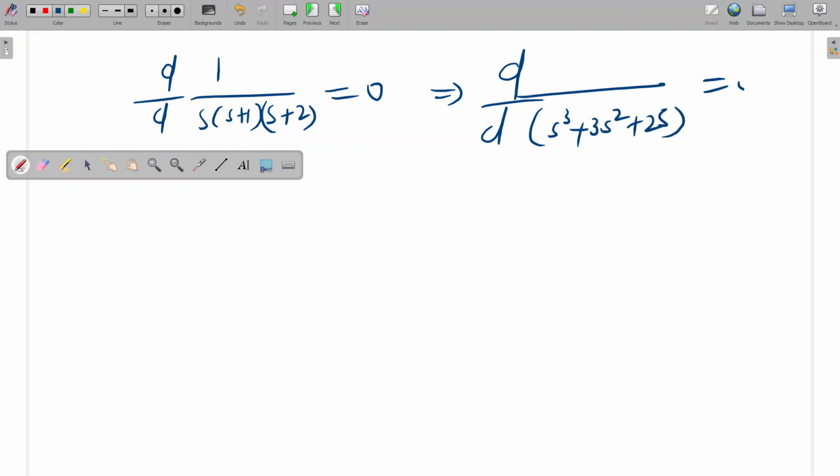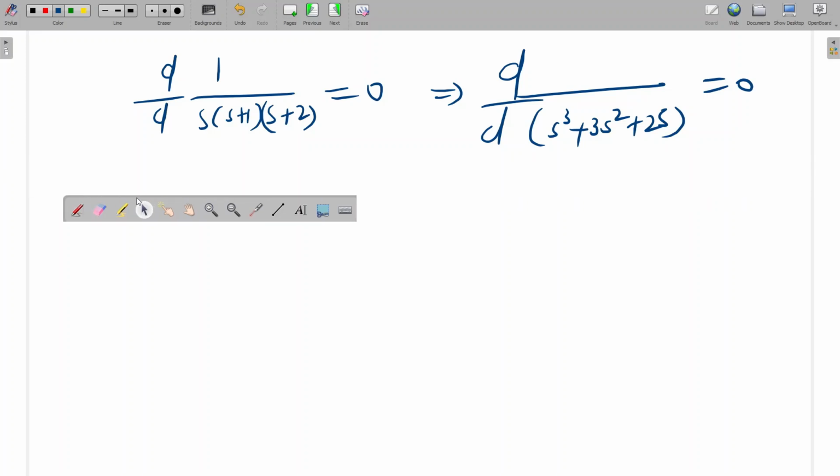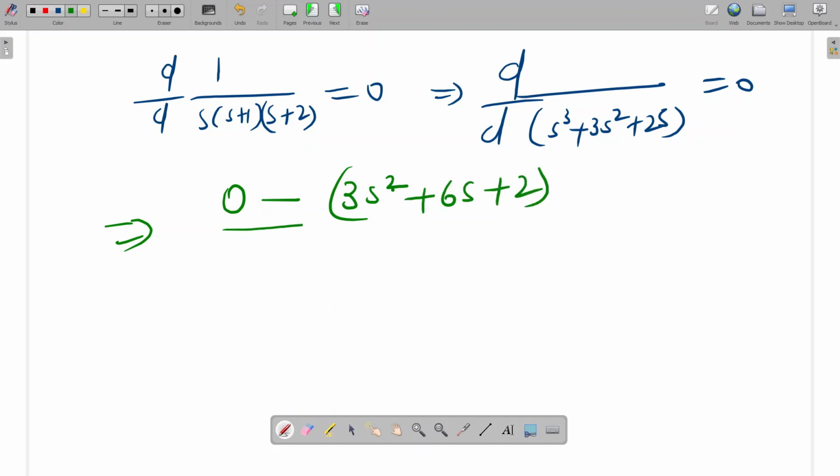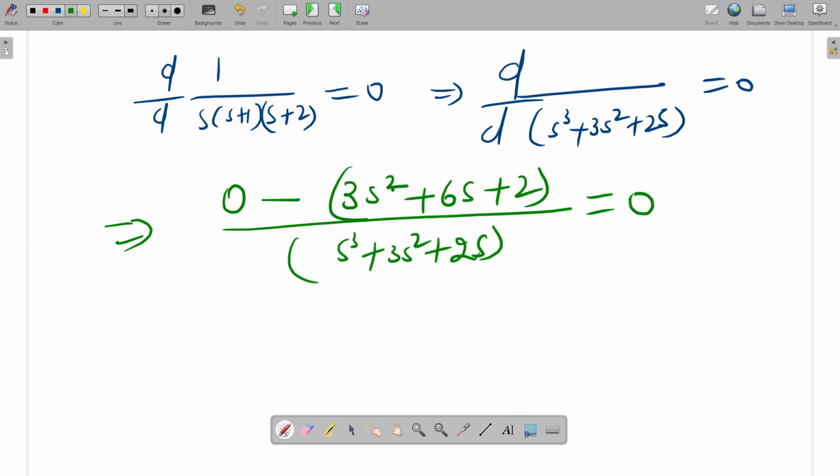Now the numerator will be 0 minus (3s square plus 6s plus 2), divided by the whole square of s cube plus 3s square plus 2s, equal to 0. So the solution will be the breakaway point.